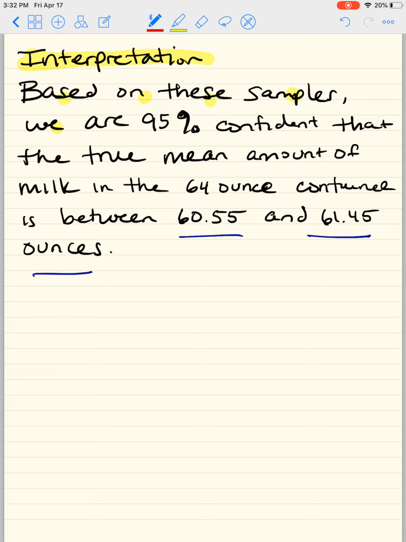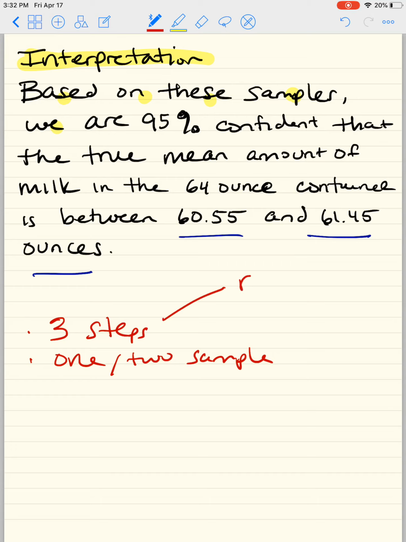Just a friendly reminder, it's going to be 3 steps. You need to decide if it's 1 or 2 sample, and then use your formula sheet for the 3 steps. Remember that n has to be bigger than 30, or you need a picture, like a stem plot, dot plot, or box plot, to show that there are no unusual features.